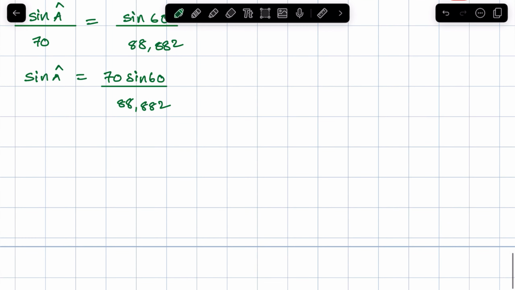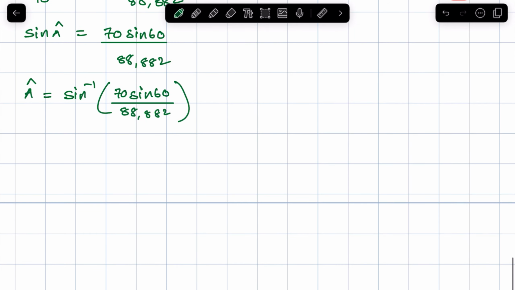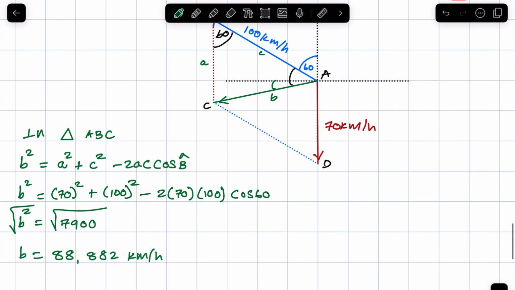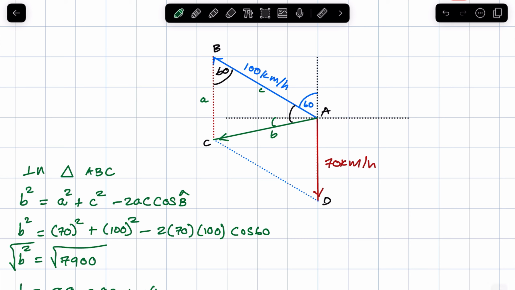To get the angle A, we calculate the arc sine of 70 sine 60 over 88.882. If you punch that in your calculators, you're going to get the angle A as equal to 43.004 degrees.